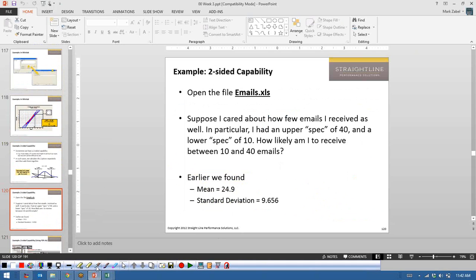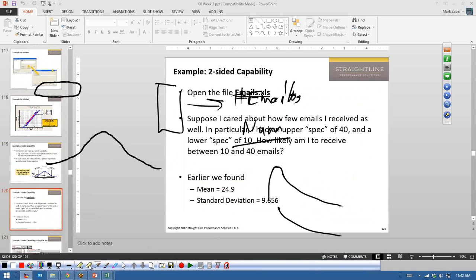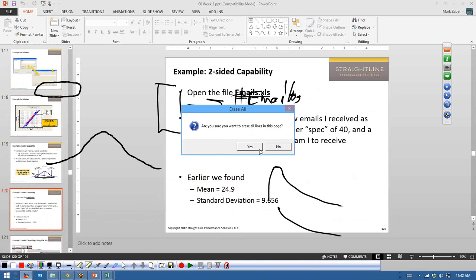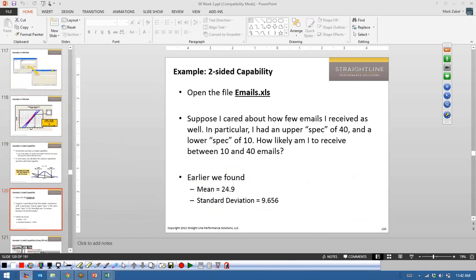This is our same process that we had before with our emails. But now I've got a two-sided spec for the number of emails. It says I don't want to have more than 40, but I don't want to have less than 10 either.